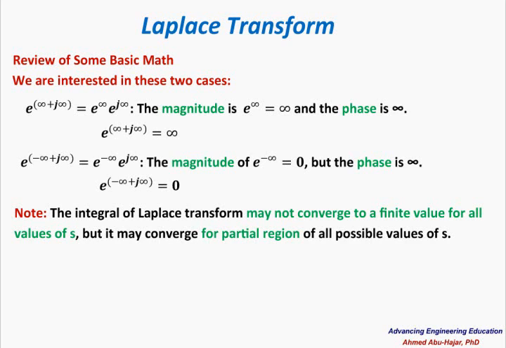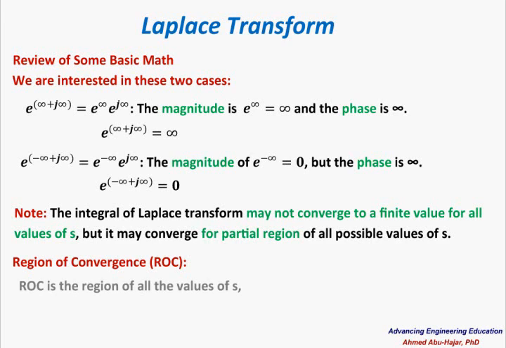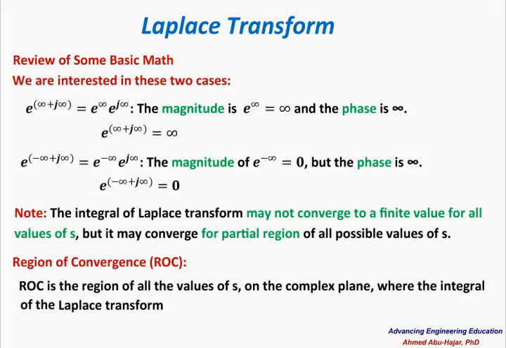So now we are interested in a new definition called the region of convergence, abbreviated as ROC. It is the region of all possible values of s on the complex plane where the integral of the Laplace transform will converge to a finite value.